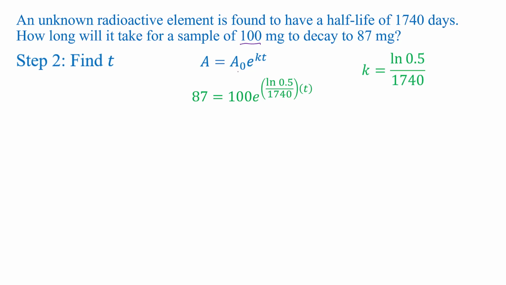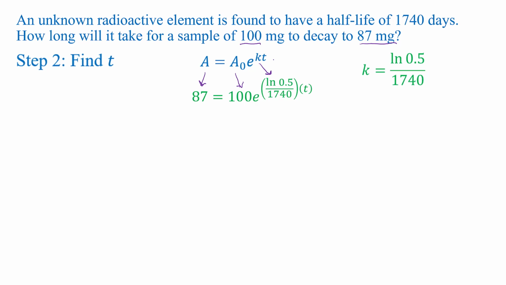So I replace A0 with 100 in the formula, and I decay to 87 milligrams. So I will replace A, the amount we have at time t, with 87. And also k, we replace with the value we found for k in the first part of this problem.